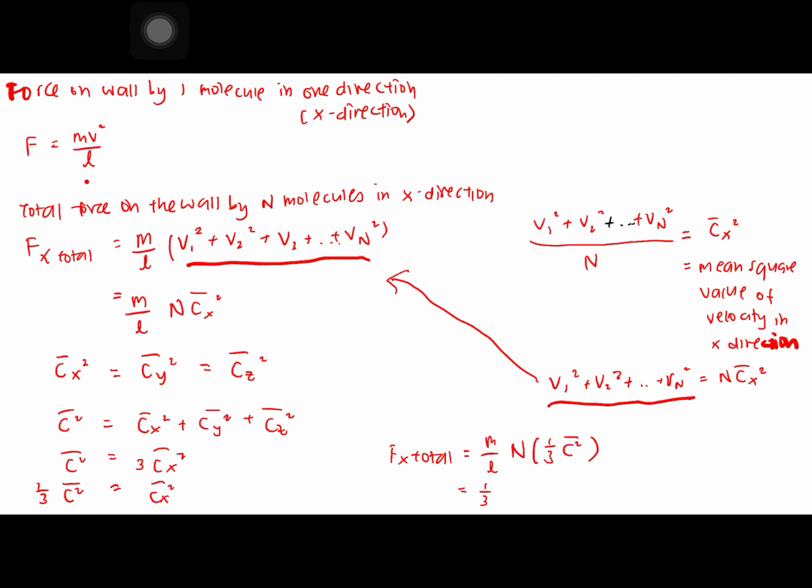So we end up getting 1/3 n m over L times c square. This is the total force in the x direction in terms of the total mean square velocity. So if I want to find the pressure acting on one surface, pressure in the x direction is equal to force in the x direction divided by the surface, right?